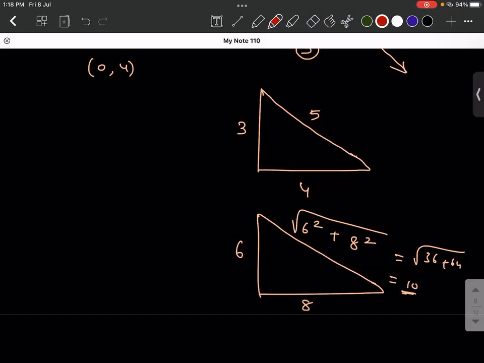Thirteen square is 169. 225. But wait. We're getting only 3 here. Whole square is 144.